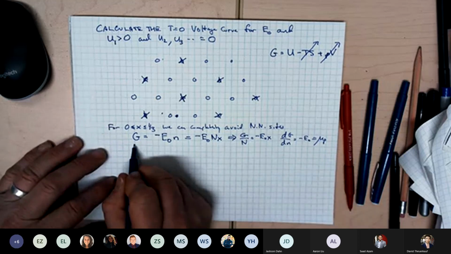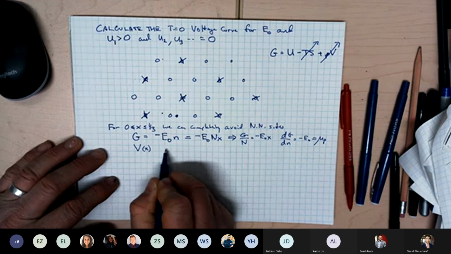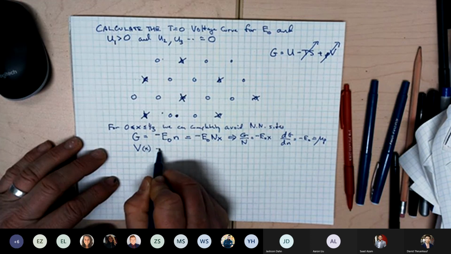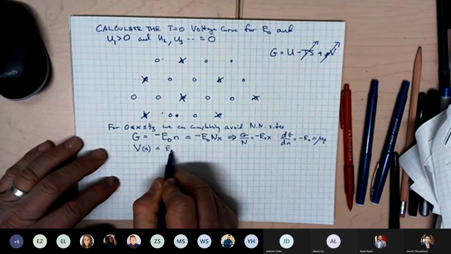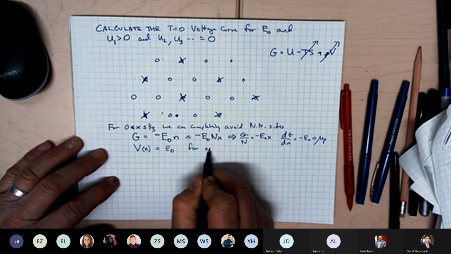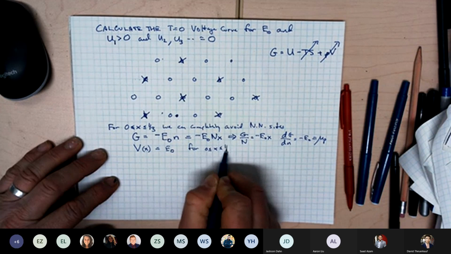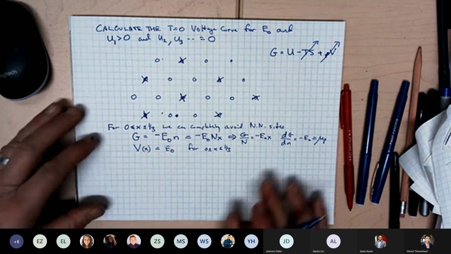So the voltage for x between 0 and 1/3 will just be equal to E naught. Okay, so that's very simple.